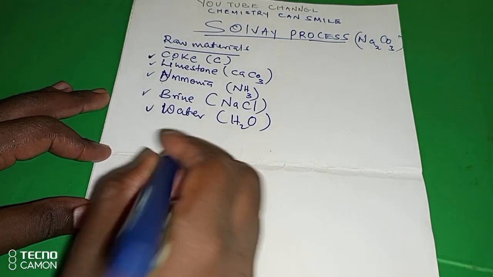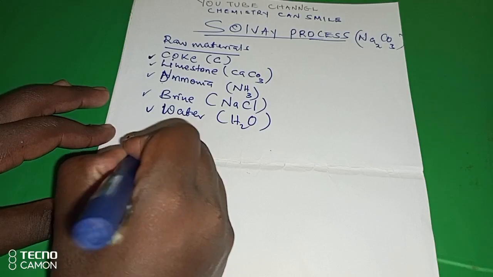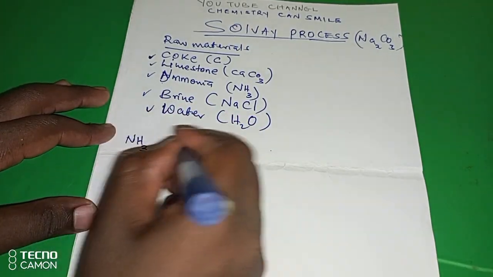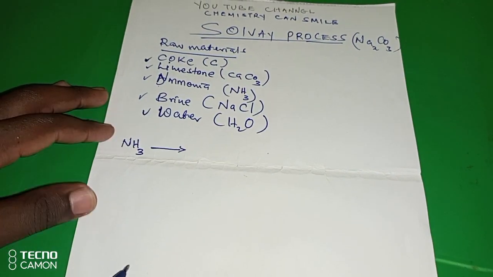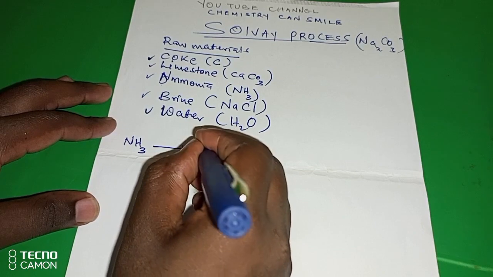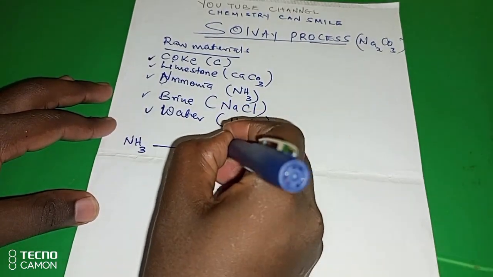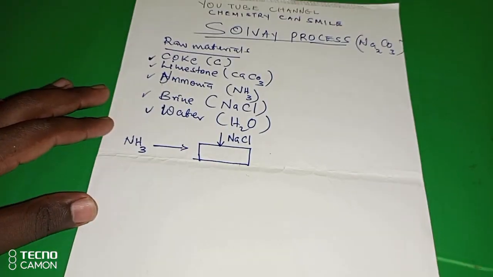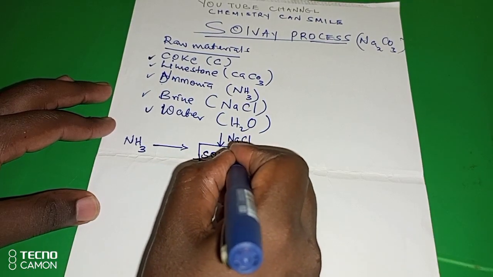So ammonia from the Haber process is supplied to the first chamber together with sodium chloride, which is the brine. The first chamber is the Solvay tower.